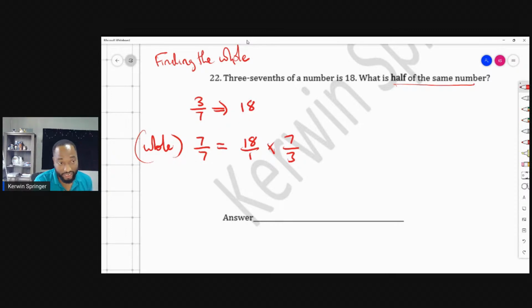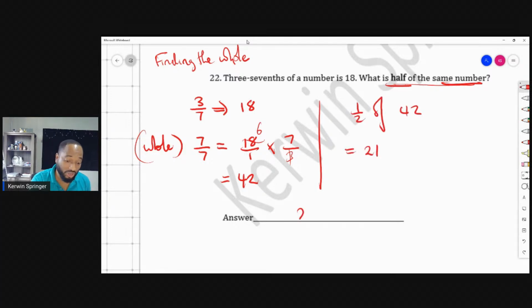In short, you are multiplying by the reciprocal of the fraction that's representing the number. 18 divided by 3 is 6, and 6 times 7 is 42. So the mystery number is 42, and half of the same number, half of 42, is 21. That's how you do this question.